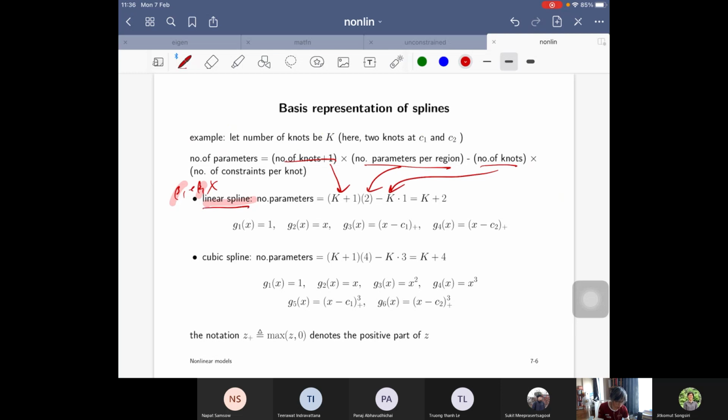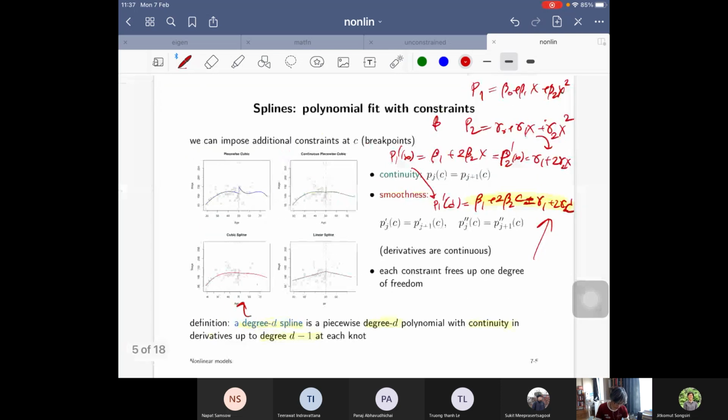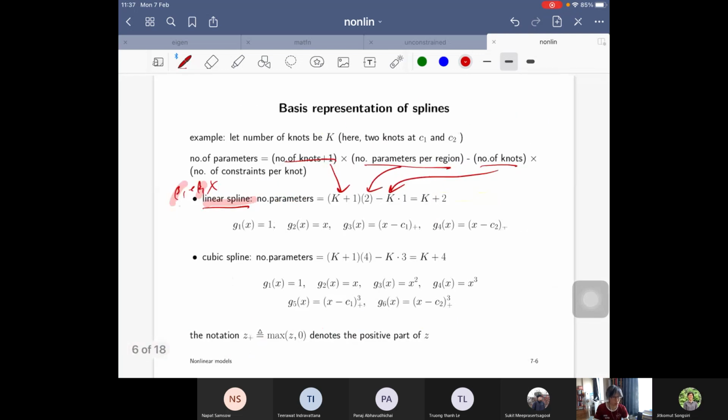If you use a linear polynomial, in one knot, how many constraints do you have? If you use a first order polynomial, you only need to satisfy the continuity constraint. So that's one constraint. So this number and this number turn out to be k plus 2. For linear spline, the degree of freedom, a linear spline with k knots, would have a total parameter count of k plus 2.